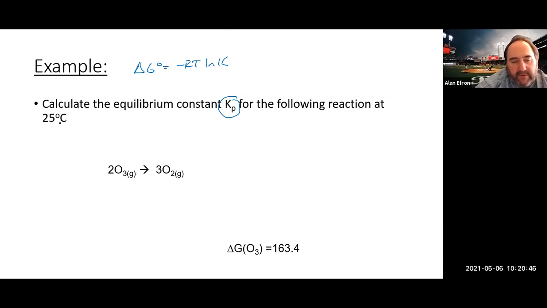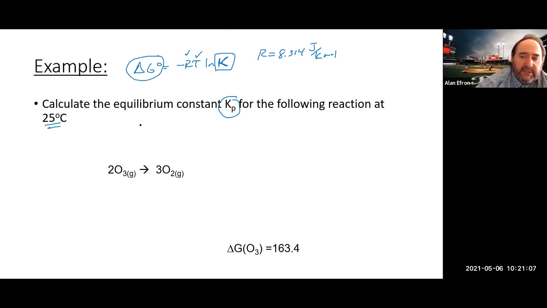We do have 25 degrees Celsius, so we do have a temperature. Remember, R is a constant, which is 8.314 joules per Kelvin per mole. We are looking for K, which means the one thing we are missing is the delta G naught.